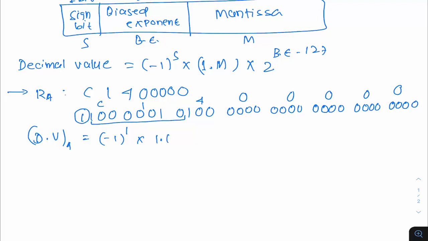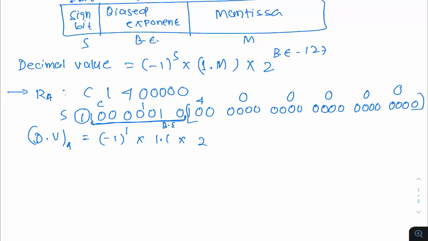This is your sign bit, this is your biased exponent, and then this is your mantissa. So I'm writing 1.1, multiplied by 2 to the power biased exponent. The decimal equivalent of this biased exponent, 10000010, happens to be 130.